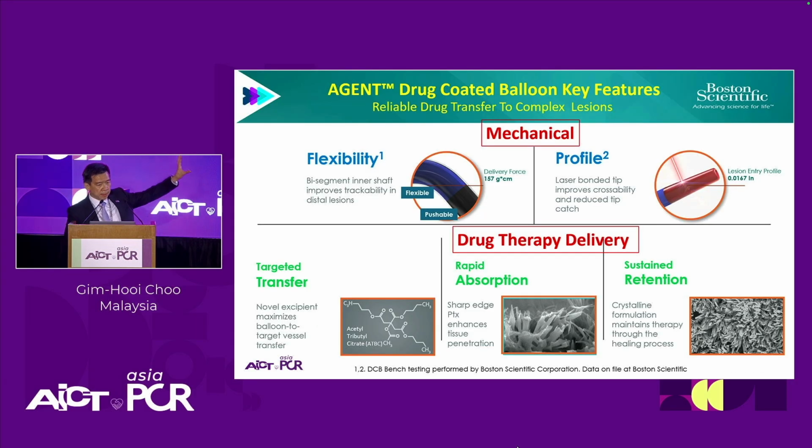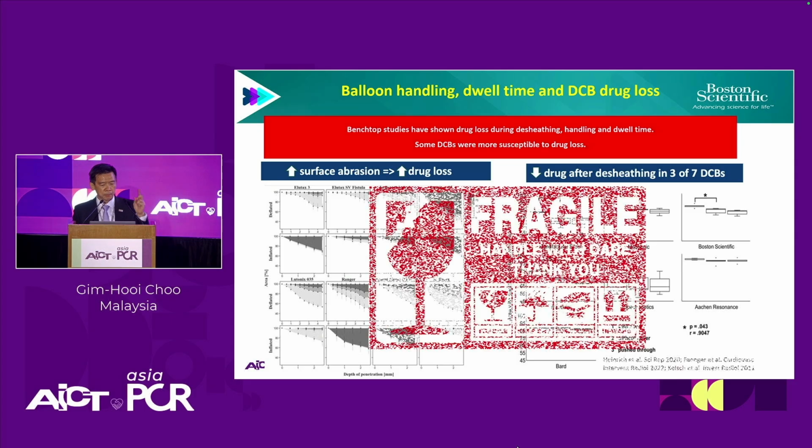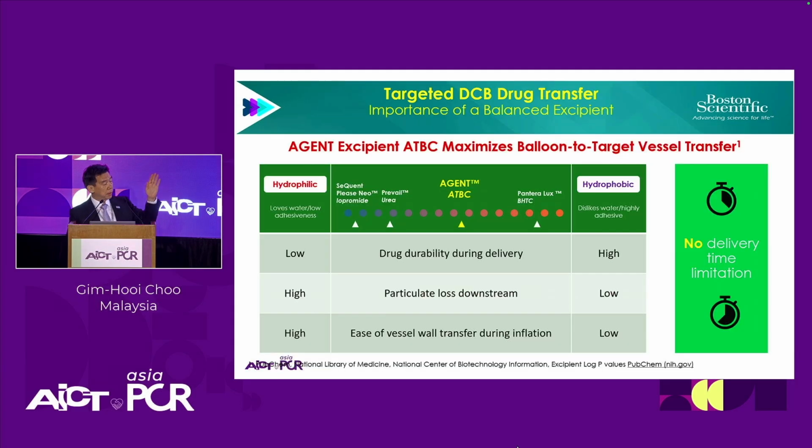Agent is a sort of complete mechanical delivery to bring the drug to the target area with the best formulation to actually deliver the drug and retain it there. We have always been told that DCB is a fragile sort of animal. Be careful, be fragile. With the Agent, you have the ATBC excipient that actually has the best balance between hydrophilicity and hydrophobicity.